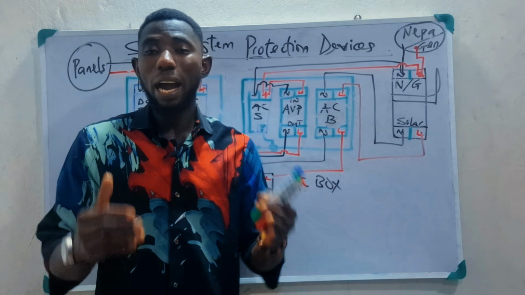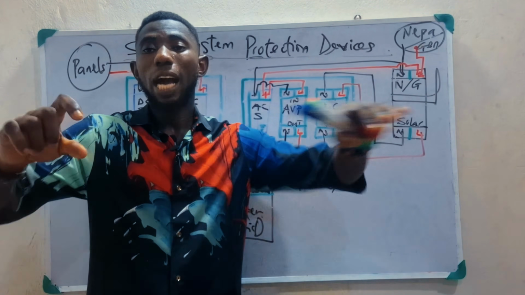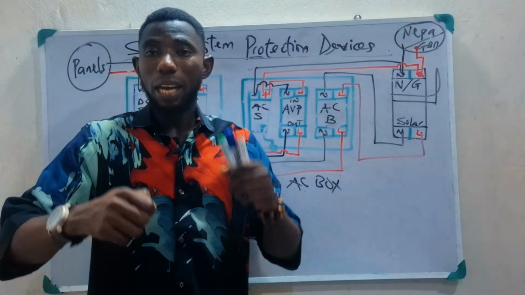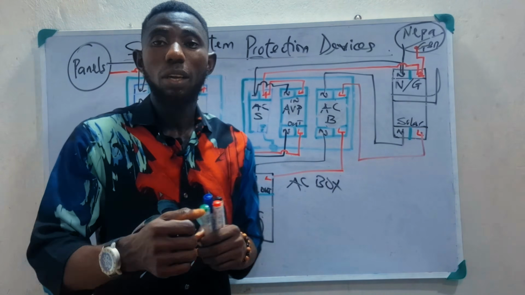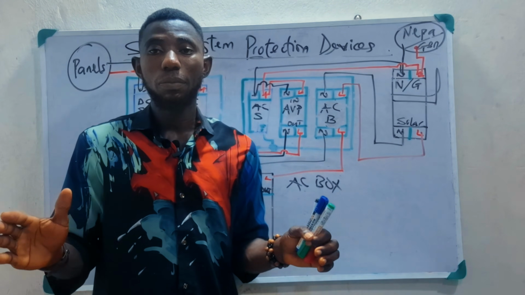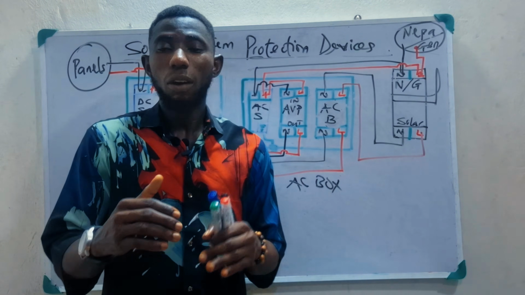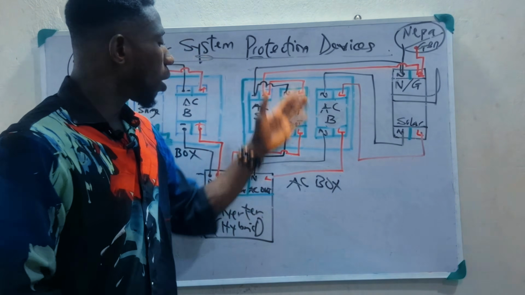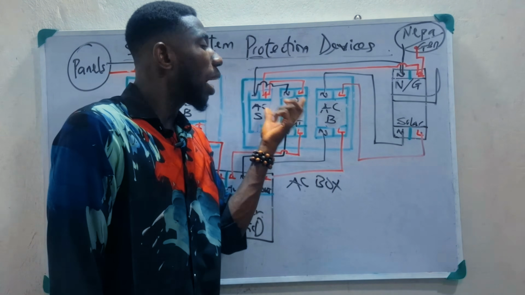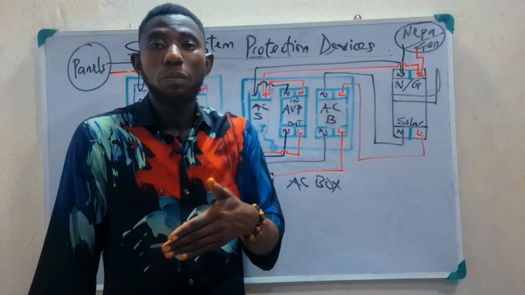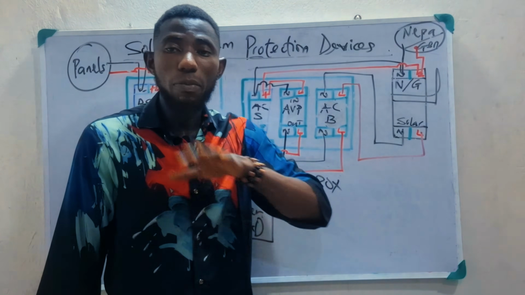I have a video where I explained and demonstrated how to set over voltage and under voltage, that is high voltage and low voltage, on the AVP. So whenever NEPA brings light and the voltage is too high, the AVP will see that it's too high and it won't give output until it comes down to the value that you set.